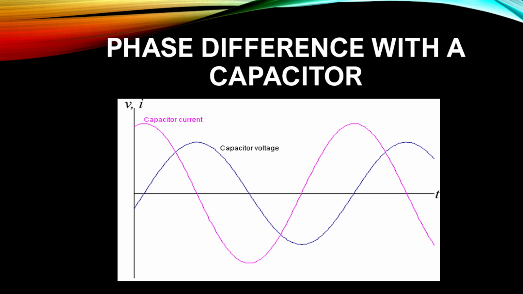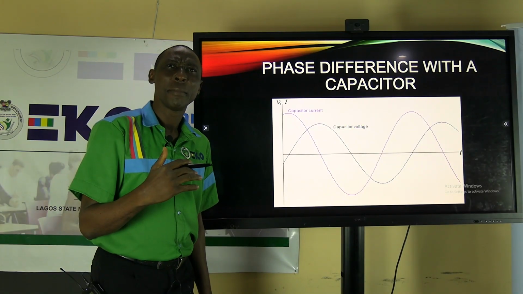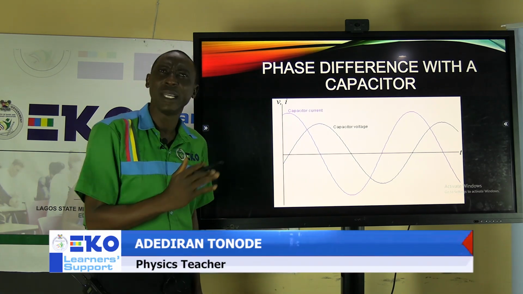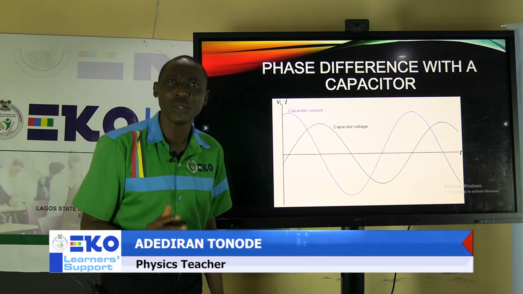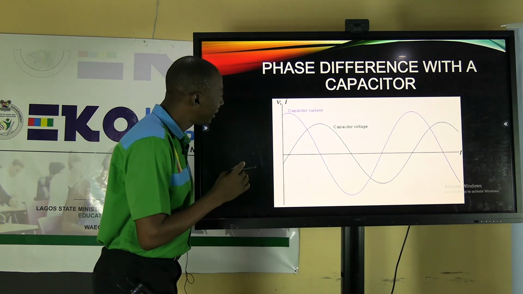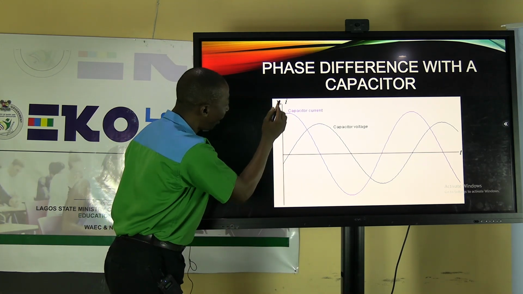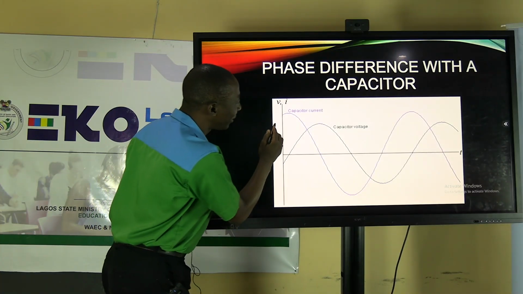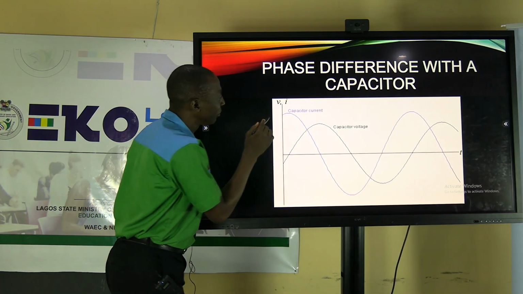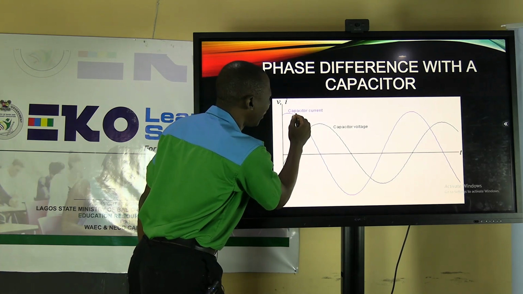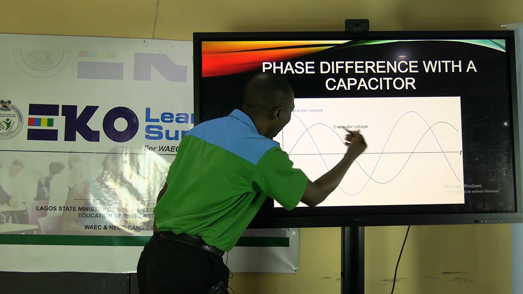Let's go back to our SS1 work. Under mathematics, we have the graph, the y-axis, which is vertical, and the x-axis, horizontal. Now, look at this graph. We're having our y-axis positive, y-axis negative, and our x-axis here. We have two graphs plotted, two waves: the current of the capacitor and the voltage of the capacitor.